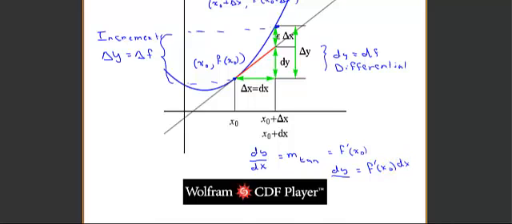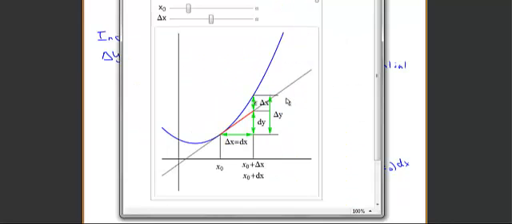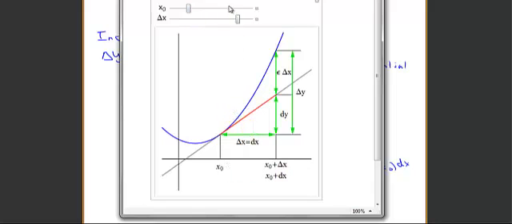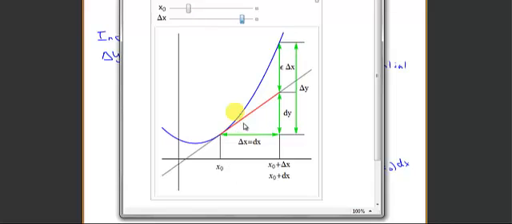Now let's take a look at something here. In this diagram, we can change the values of x0 and of delta x and dx. Notice what happens: we have this little error between delta y and dy, but if delta x is made smaller and smaller, notice that error shrinks away.